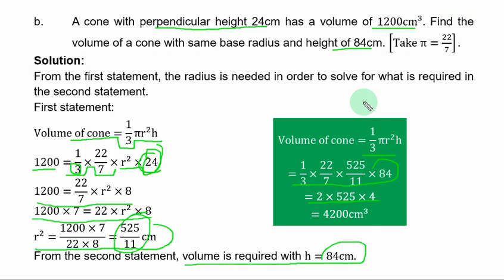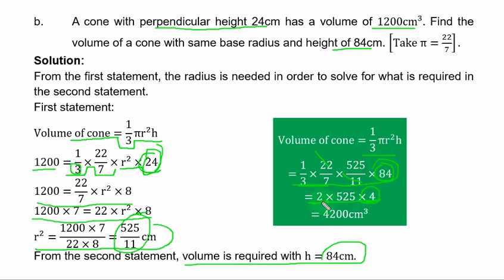Before we continue, here supposed to be 4, not 84. For this, what happened? Divide 22 by 11. You have this 2. Now 3 times 7 is 21. If you divide 84 by 21, you have 4.